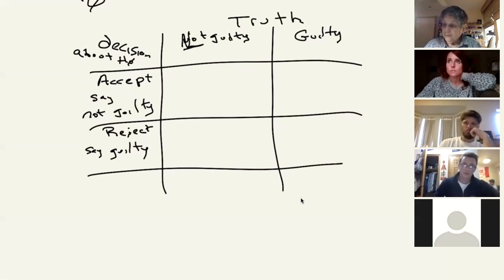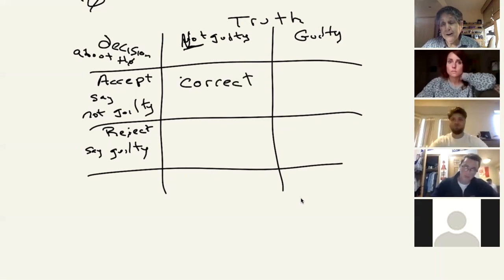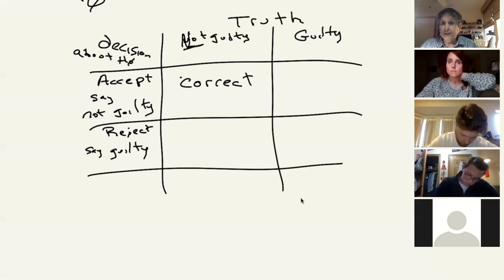So, for example, if we say that the person is not guilty, we accept the null hypothesis, and the truth is that they're not guilty, that's this square here, and we call that a correct decision. The other way we can be correct is to say that they're guilty, this bottom row, and they actually, in truth, are guilty of the crime. That's also a correct decision.